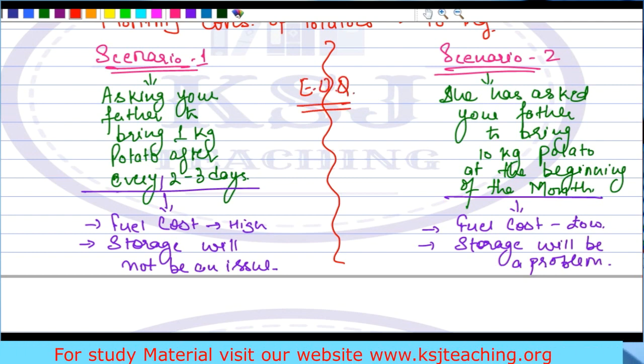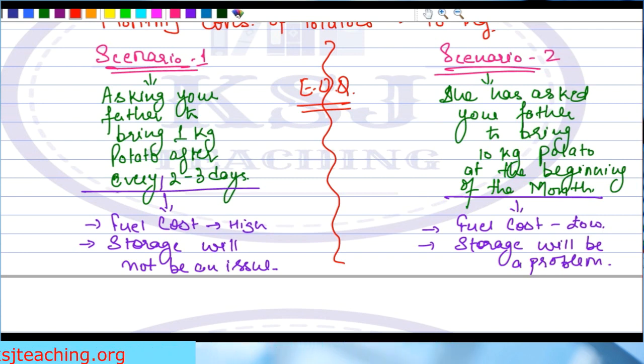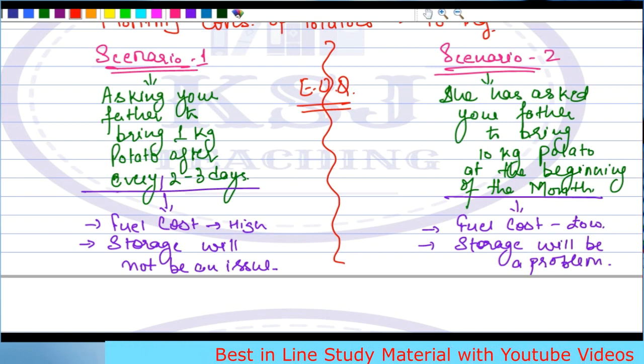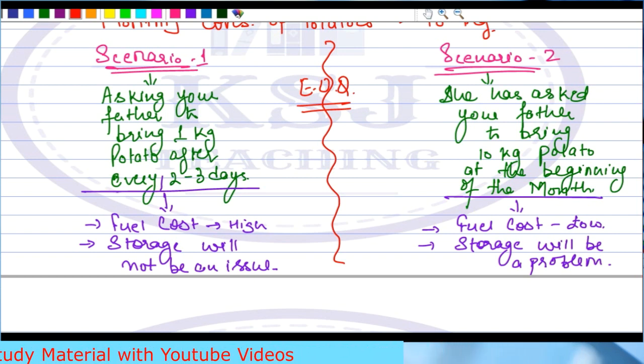That is economic order quantity. How much quantity your mother should order and your father should bring at one time in a month. What should be the quantity of potatoes that should be bought from the market in one visit, so that the total fuel cost is also low and the storage is also not an issue, right? The two conditions should be satisfied.